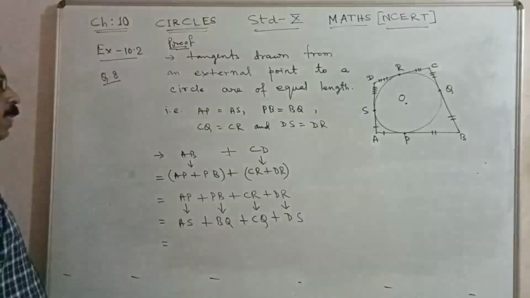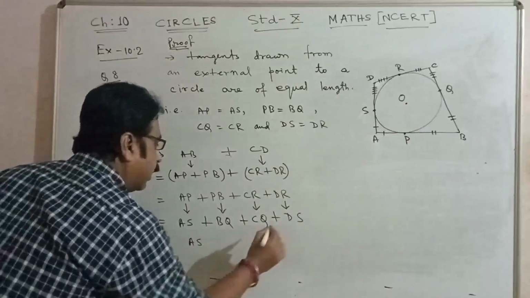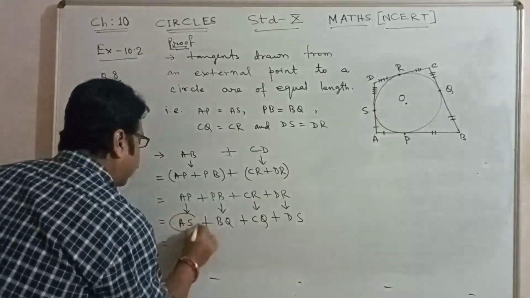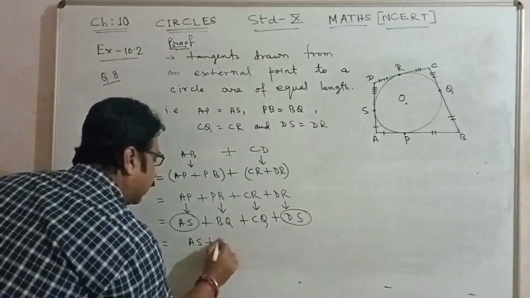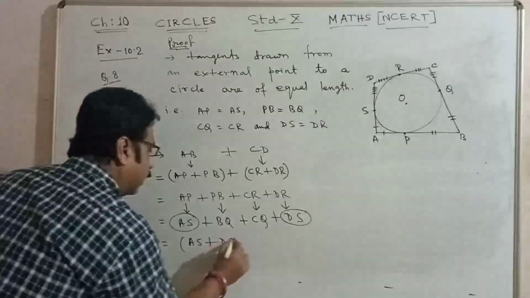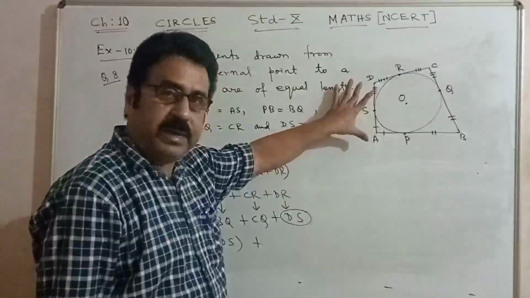Now AS and DS, we are taking this one and this one, AS plus DS, because AS plus DS means AD.